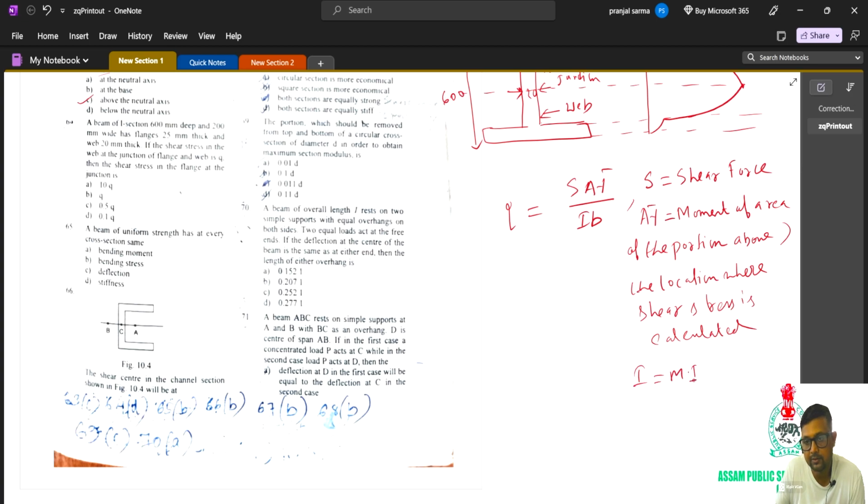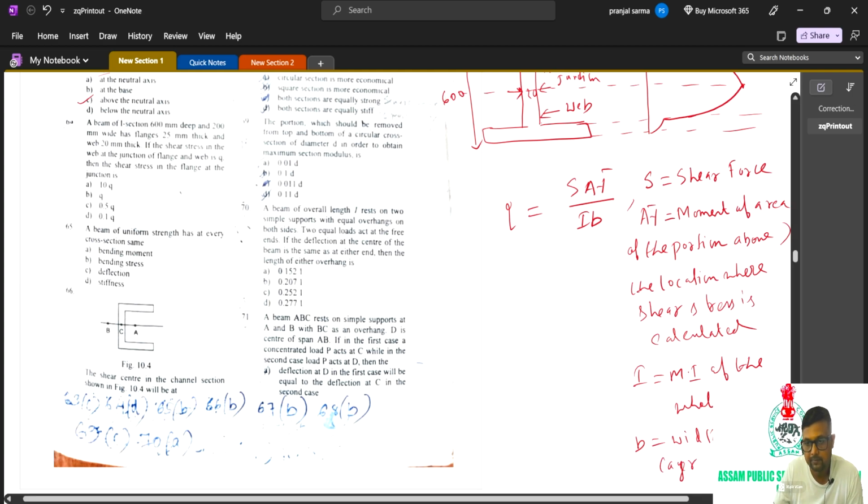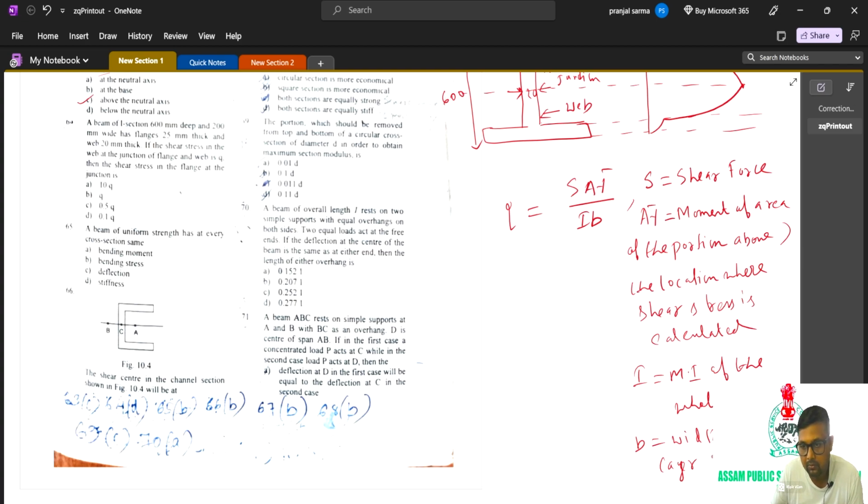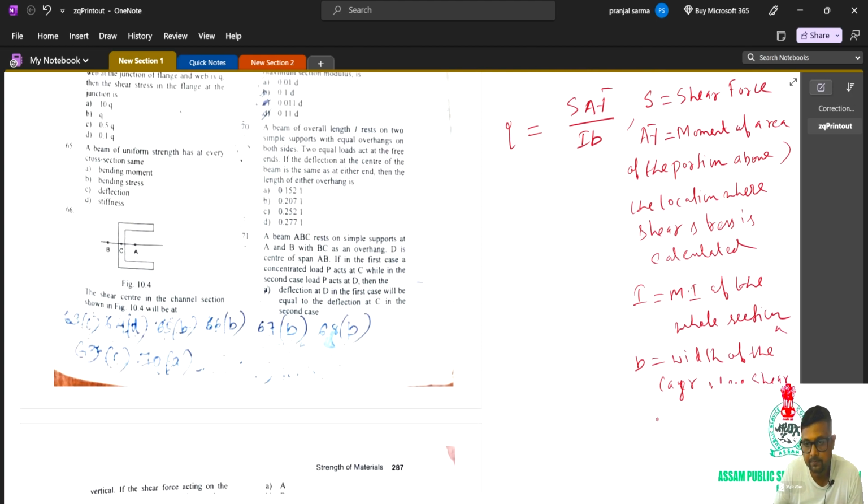Moment of inertia of the whole section. What is B? Width of the layer where shear stress is calculated, right?